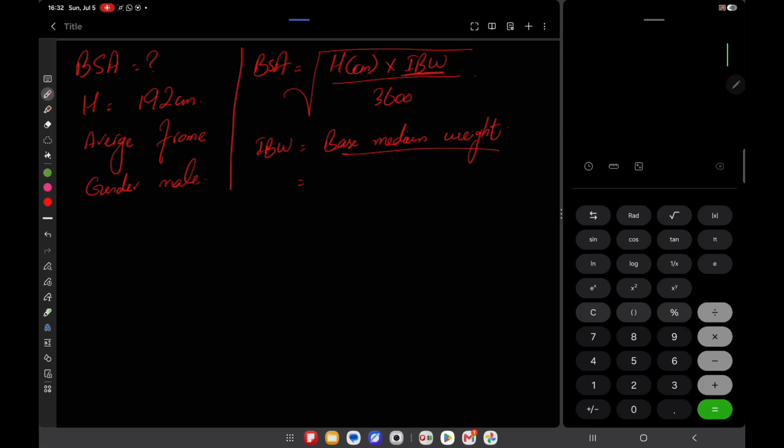So the formula to calculate this one in case of male is 50 plus 0.9 into each centimeter over 152 centimeters.